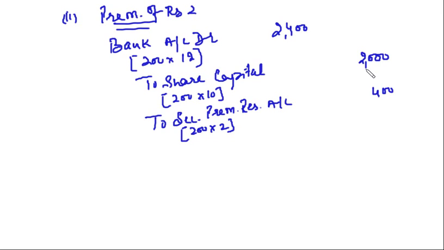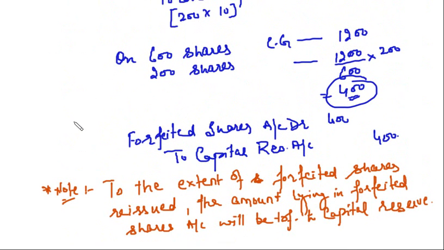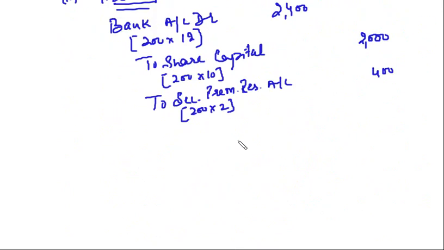Now what is the balance in the forfeited shares account? This is what we calculated, to the extent of shares reissued. We have reissued only 200 shares. So on 200 shares, the balance in forfeited shares account is 400. So this 400 we will take out from pocket 1 and transfer to pocket 2, that is the capital reserve account.